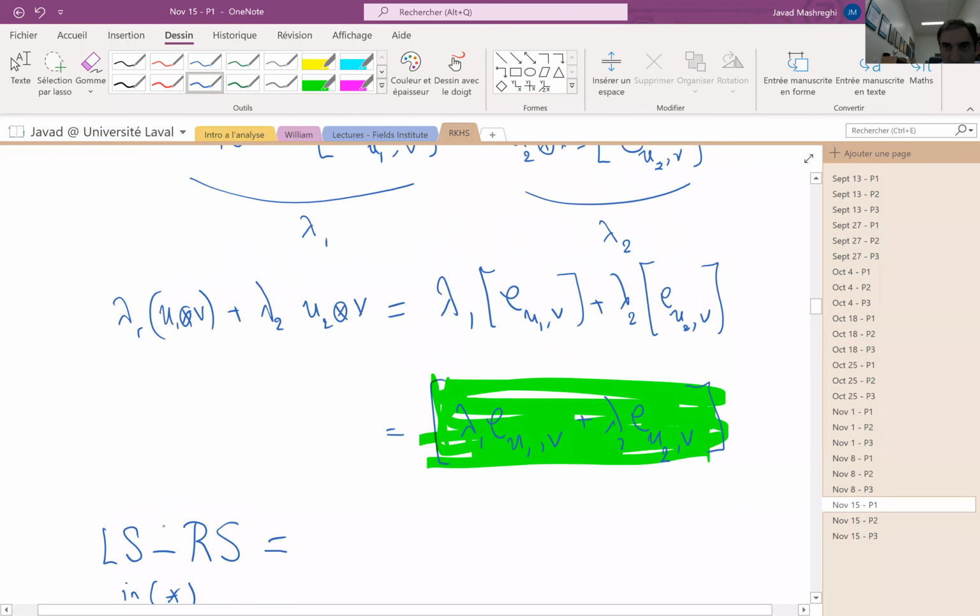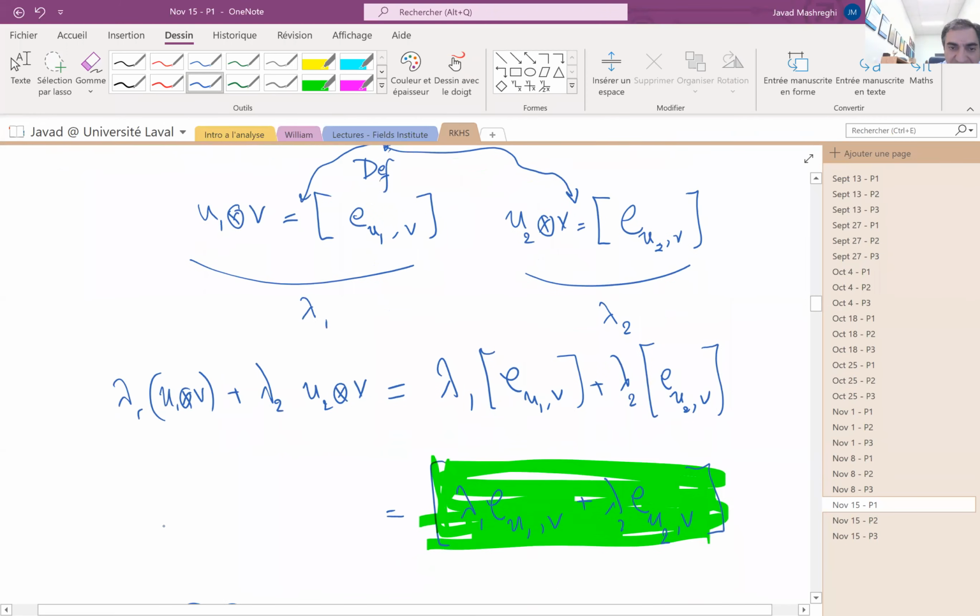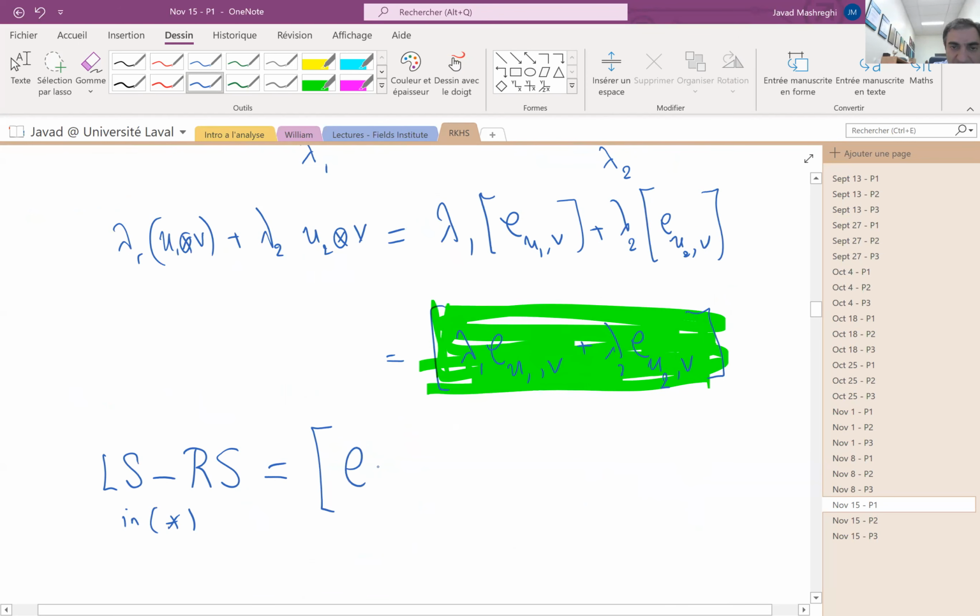It is equal to the coset created by E(lambda 1 U1 plus lambda 2 U2, V) minus this one.